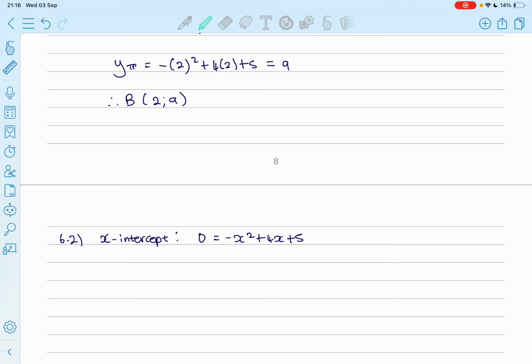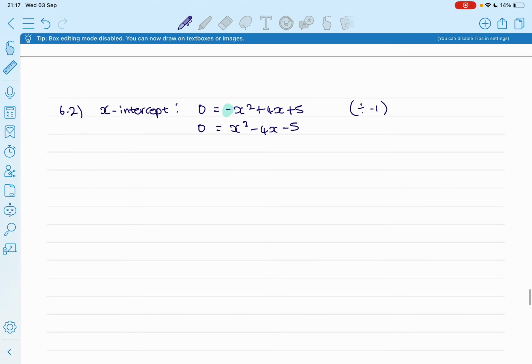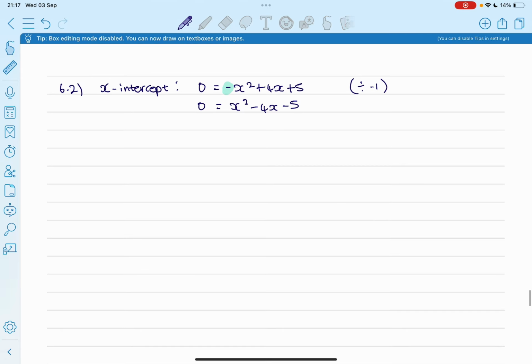Now we've got a negative over here, so I like to work with positive coefficients for my x squared, so we're going to divide everything by -1. So that leaves me with now a positive x squared and minus 4x minus 5. Now this is easier to work with.